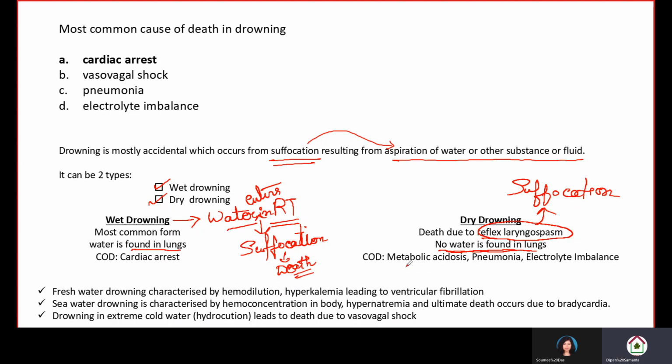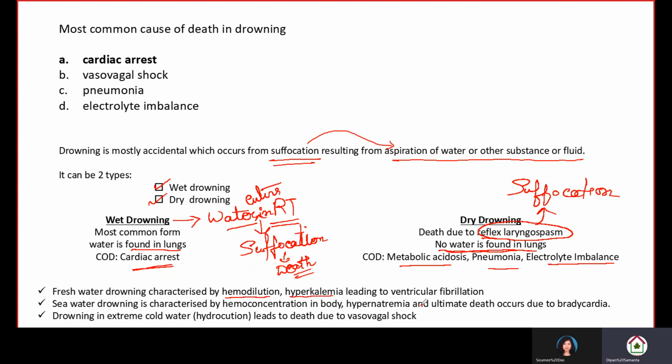Cause of death is metabolic acidosis, pneumonia, electrolyte imbalance. This is dry drowning. But in wet drowning, cardiac arrest occurs. Another important thing is freshwater drowning or seawater drowning. In freshwater drowning, it is characterized by hemodilution, that means blood will be diluted.